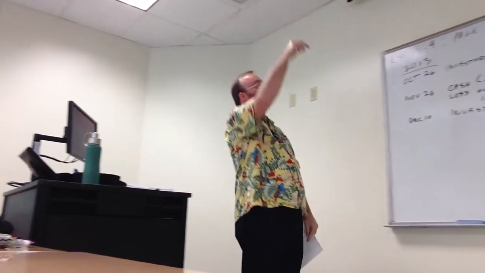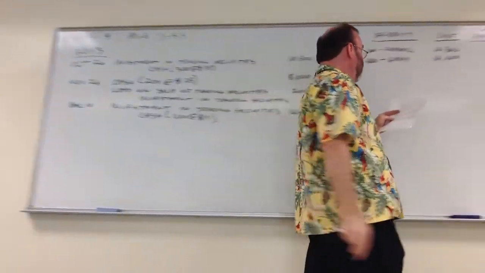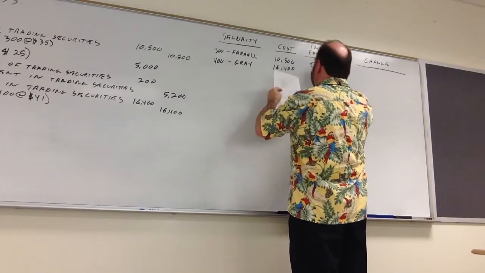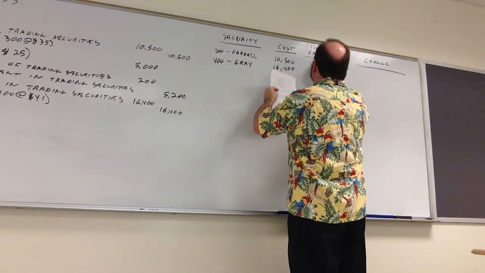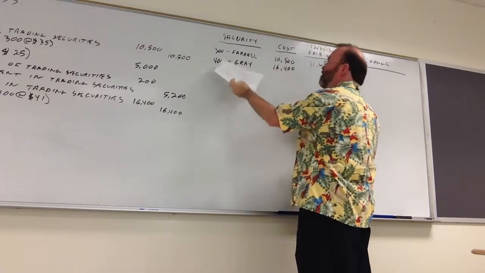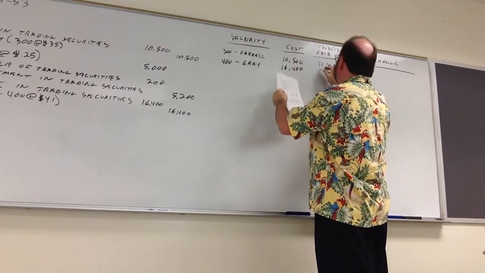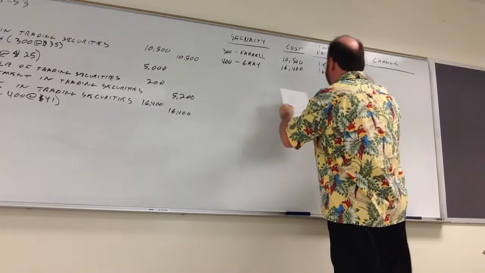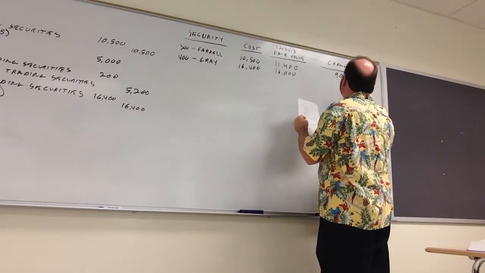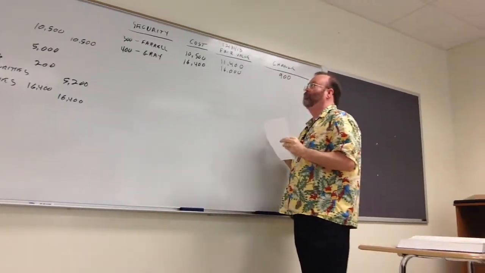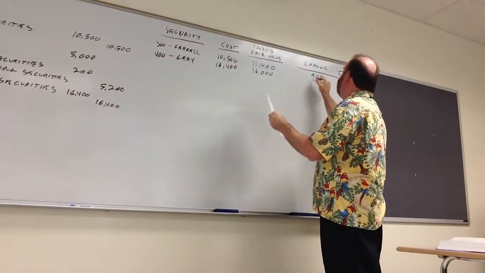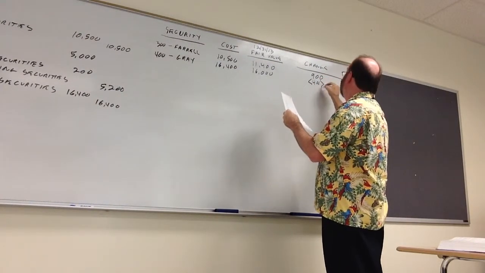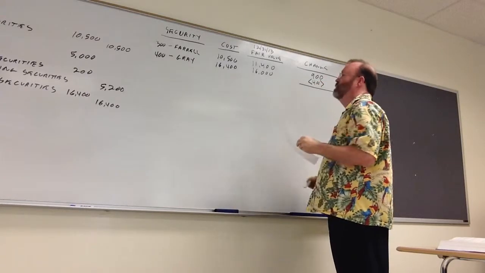Now, at year end, they're trading at $38 for Farrell, so Farrell has gone up $3 a share, and Gray is $40, so it's gone down $1. So the fair value of the 300 shares at $38 a share is $11,400, and the 400 shares at $40 is $16,000. So that's an increase in our investment of $900 for the 300 shares of Farrell, and a decrease of $400 for our 400 shares of Gray.